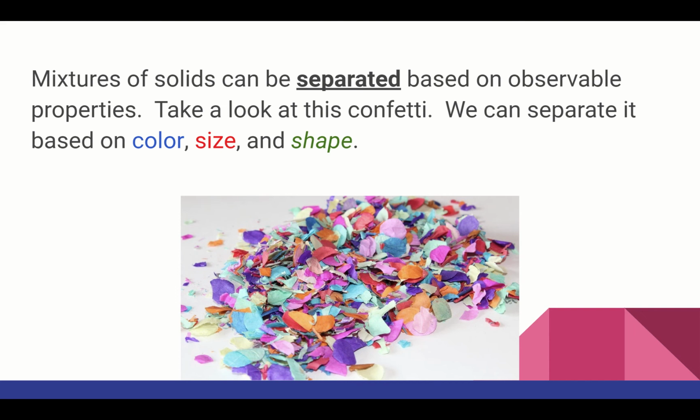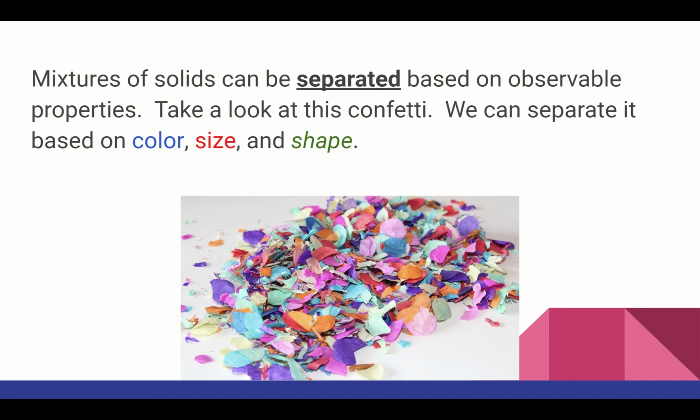We could also look at the size. We've got some big pieces and some small pieces. So we could put all the big pieces together and all the small pieces together. And then we have shape because we have a lot of different types of shape in there. You've got some circles, some ovals, some just irregular looking shapes. You could separate it by shapes.